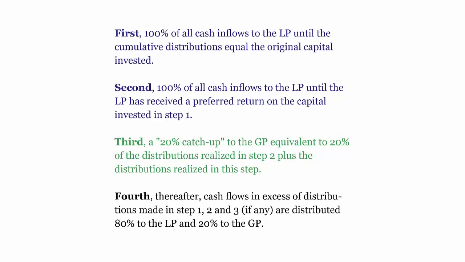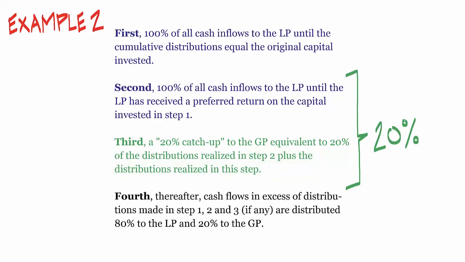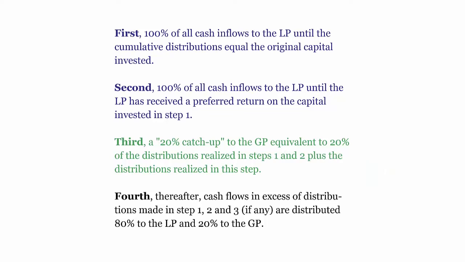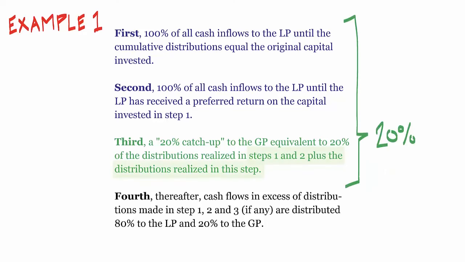But whereas before, we had the catch-up equivalent to all distributions realized in step 1, 2, and the third step, here it's only 20% of the distributions realized in step 2 plus the distributions realized in this step. So in our second example, the catch-up is only 20% of steps 2 and 3, whereas in the first example, the catch-up was equivalent to 20% of steps 1, 2, and 3.